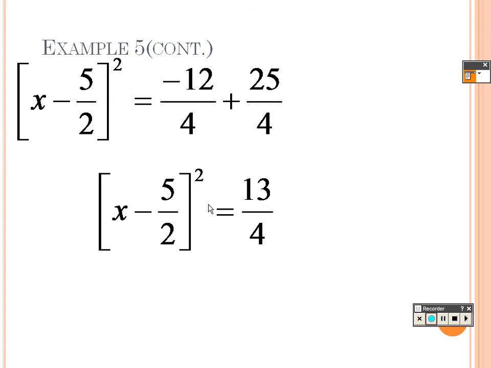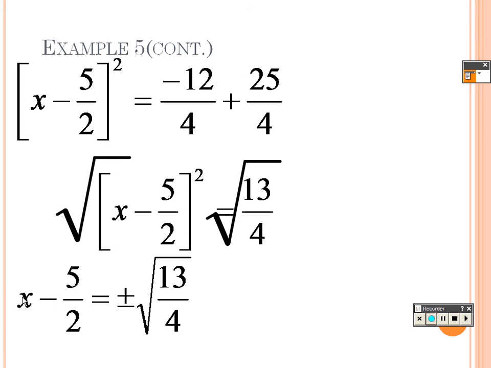So now that we have that, to solve this, you just need to square root both sides. So I square root both sides. And now I have an x minus 5 over 2, and it's plus or minus. Remember, whenever you square root, it's plus or minus. And it is the square root of 13 over 4. So I add 5 over 2 to both sides to get x by itself.